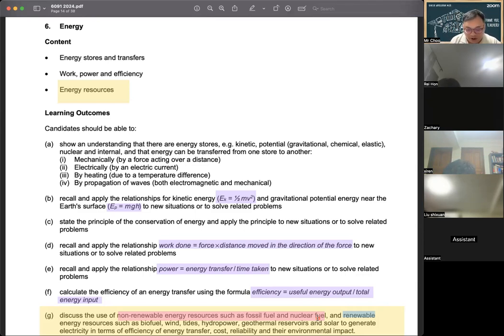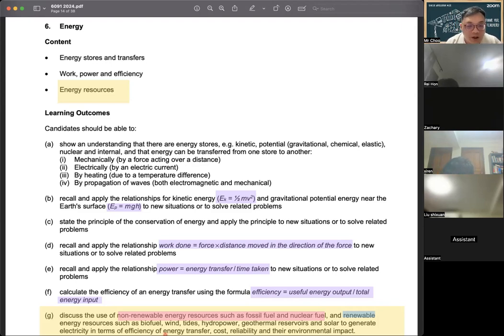Also, there is pollution if you dispose of the radioactive waste improperly. That will also produce pollution, and that is harmful to life. Clear so far?